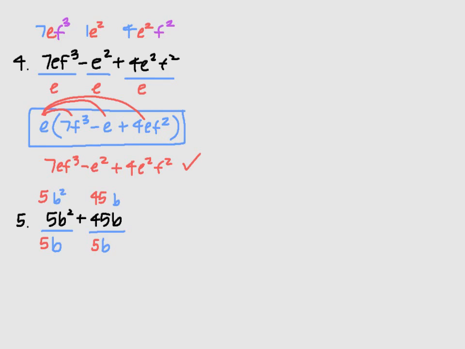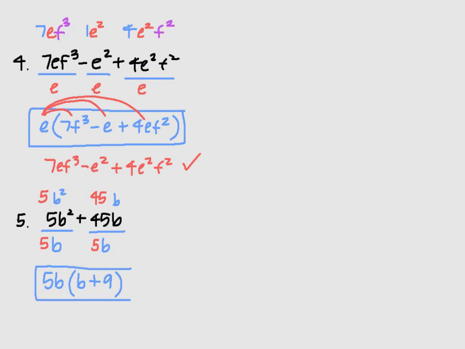So 5b is the greatest factor that exists in both of the terms in my binomial. So I'm going to factor out the 5b by dividing both of the terms by 5b. So 5b squared divided by 5b equals b. 45b divided by 5b equals positive 9.